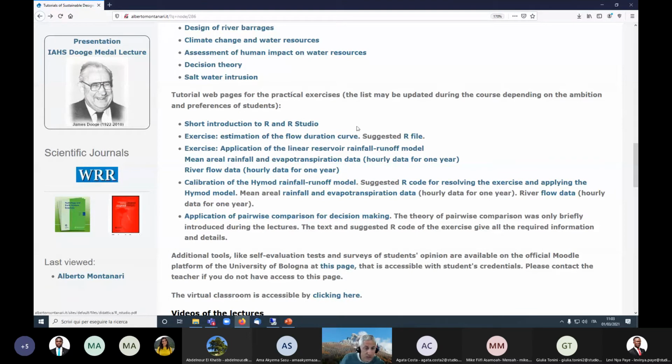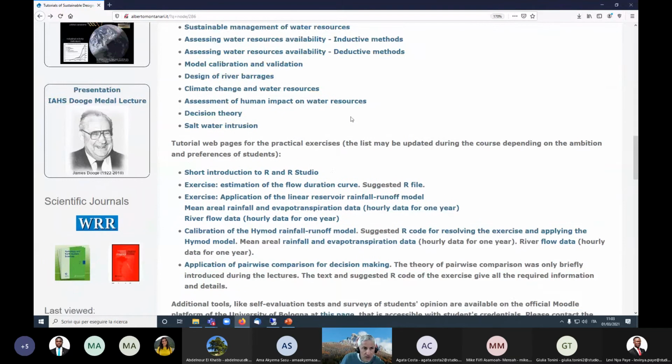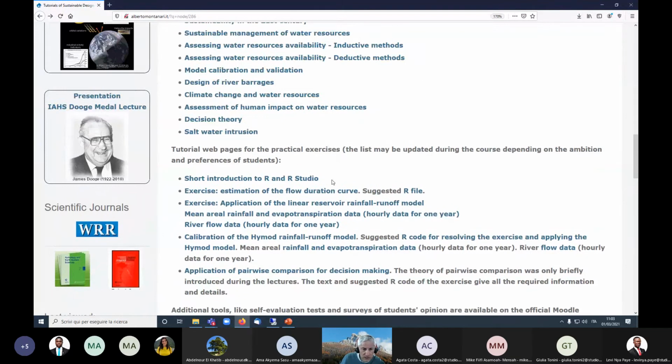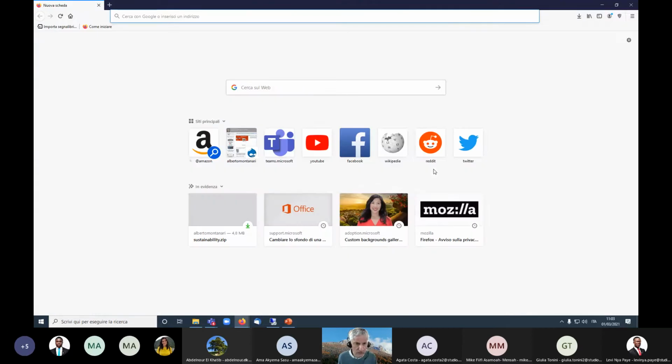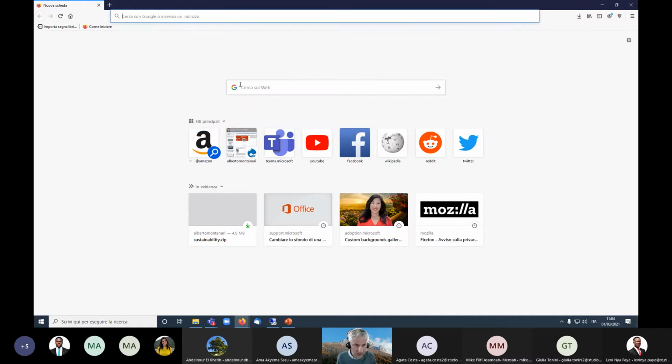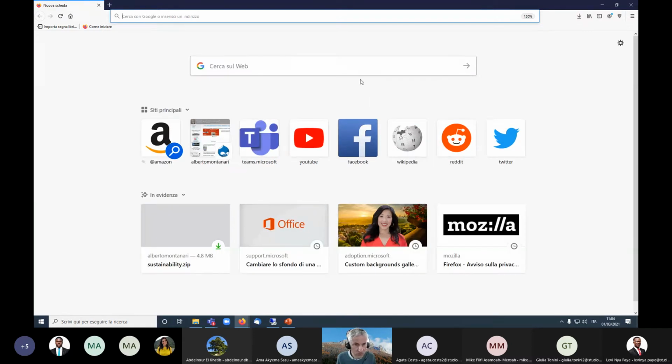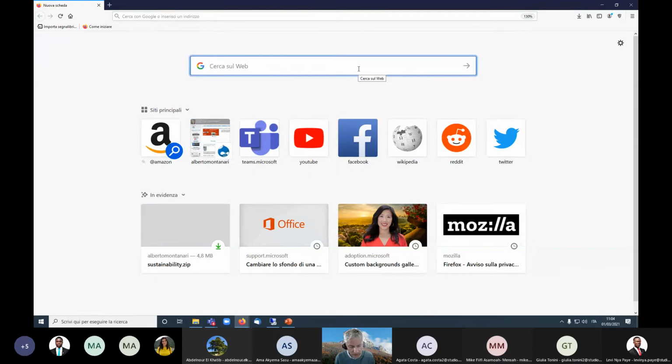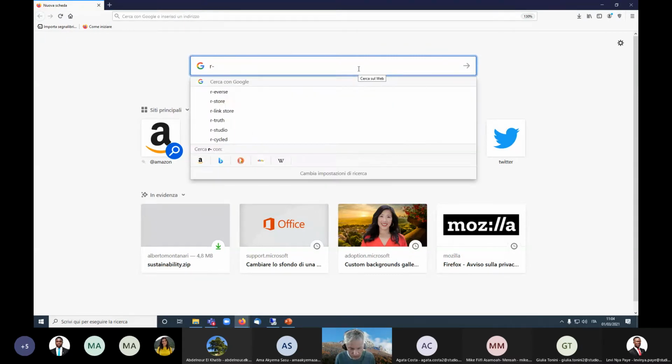Okay, so as I said, I decided to use this package, which is called R, and let me explain why. I will move to another window, the website of the package. You can look in Google for R project.